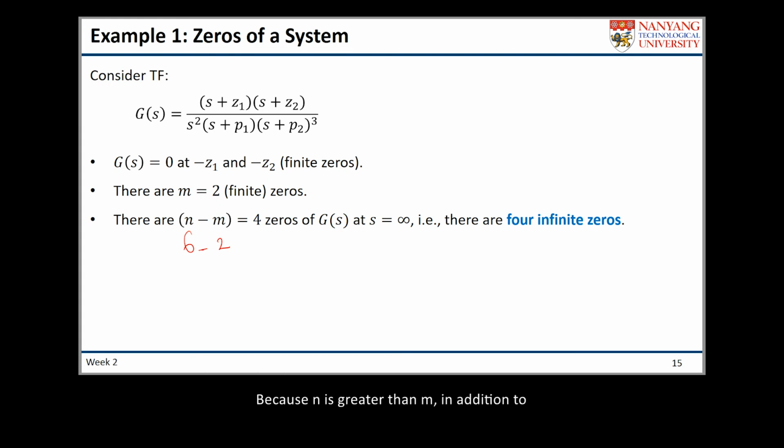Because n is greater than m, in addition to all of these poles and zeros, you will also have 4 zeros at infinite location. So in this case, you have 6 poles, 2 ordinary zeros, or we can call them finite zeros, and then the last part, 4 infinite zeros, 4 zeros at infinite location.